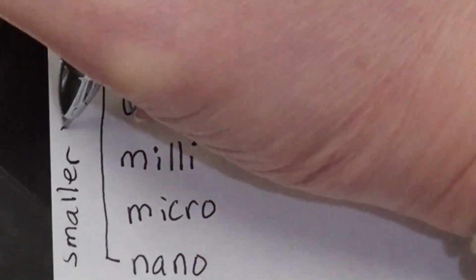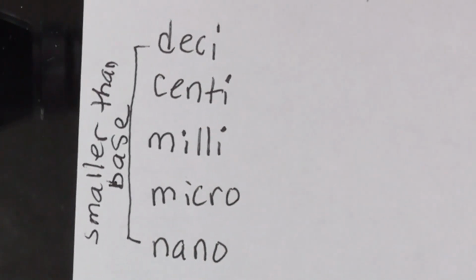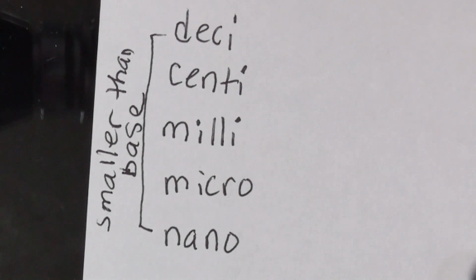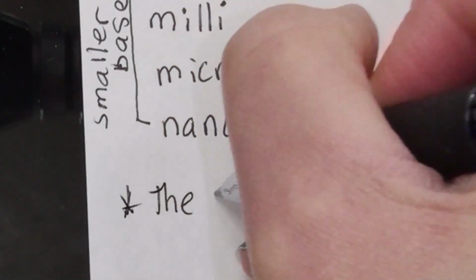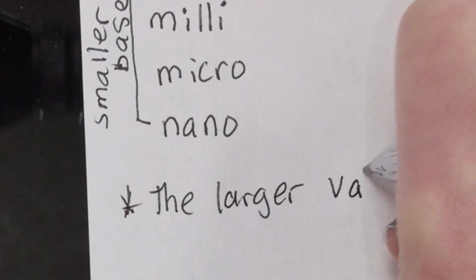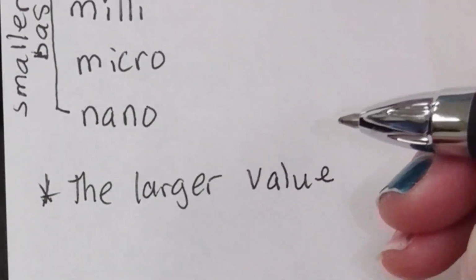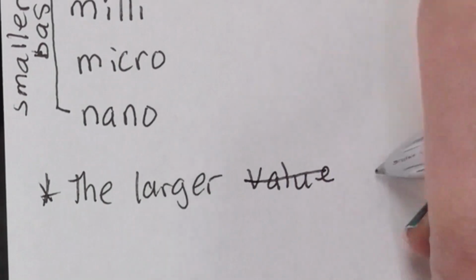Now, why is this important? When we are doing a conversion factor, the larger value always gets the 1. And we should probably not use the word value. Let's use the word unit.